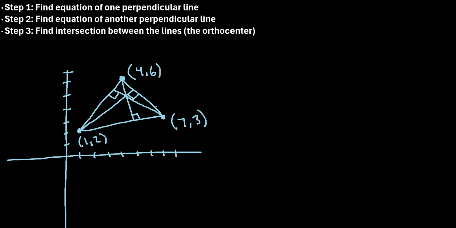So let's just pick this side right here, and let's find out what the equation of the perpendicular line to this line is. So first we need to find the slope of this line. Given these two coordinates, the formula to find the slope is y2 minus y1 over x2 minus x1.